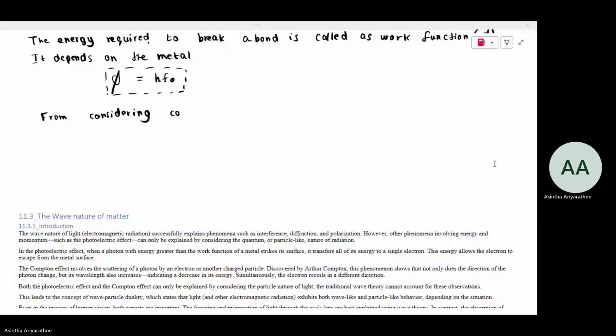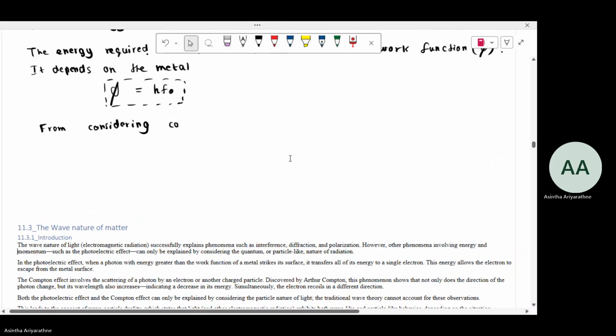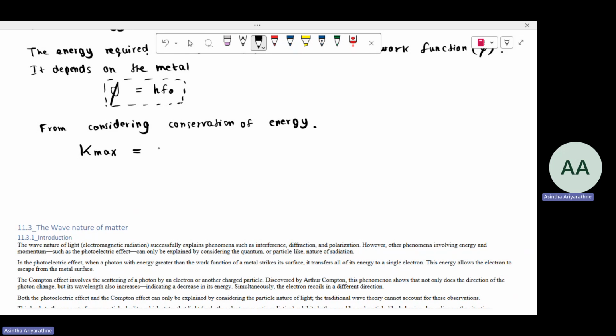Right, so from the conservation of energy, considering these figures 1 and 2, we can write K max is the difference between the initial energy E minus the work function.